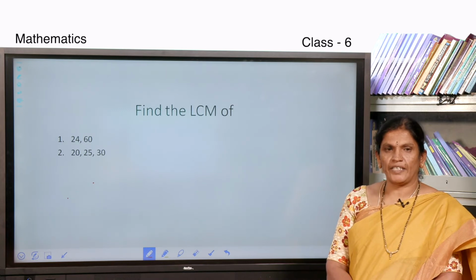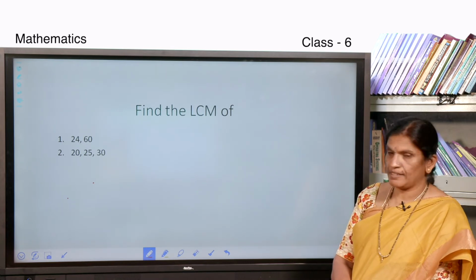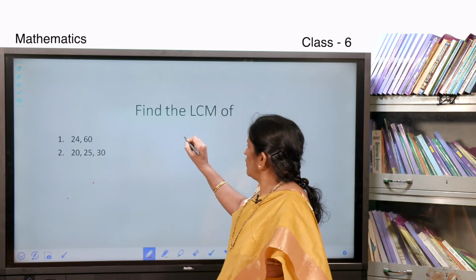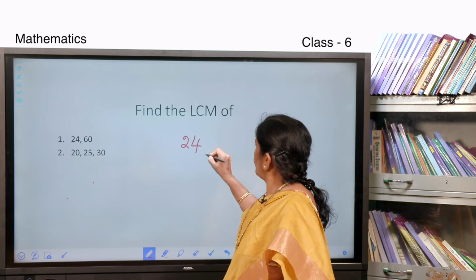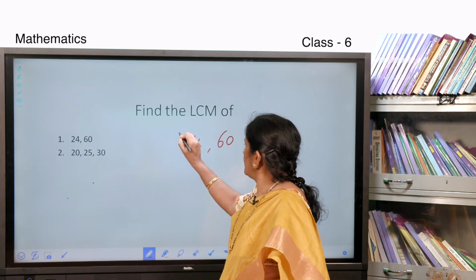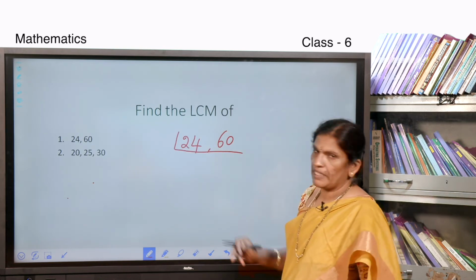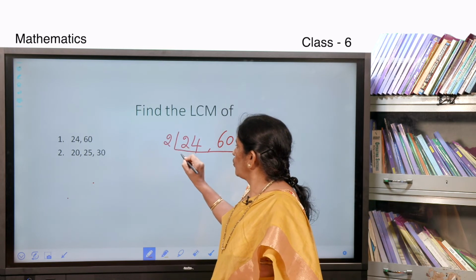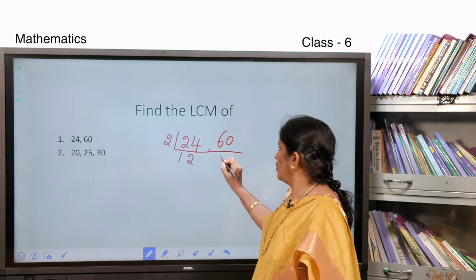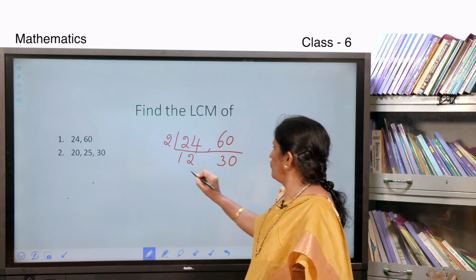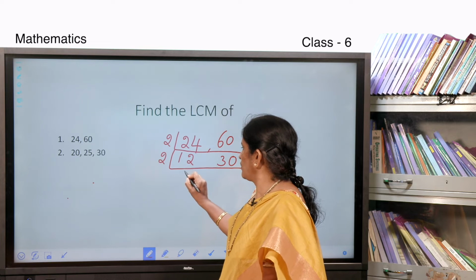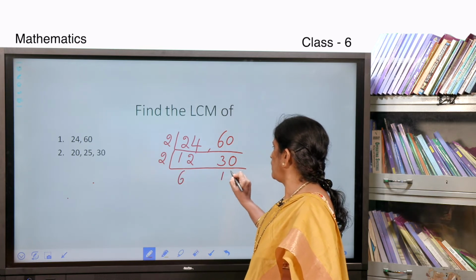Now, finding LCM of 24 and 60 using prime factorization method. 24, 60. As both are even numbers, we can divide these by 2. 2 1s are 2, 2 2s are 4, 2 3s are 6, 0. Again by 2, 2 6s are 12, 2 1s are 2, 2 5s are 10.